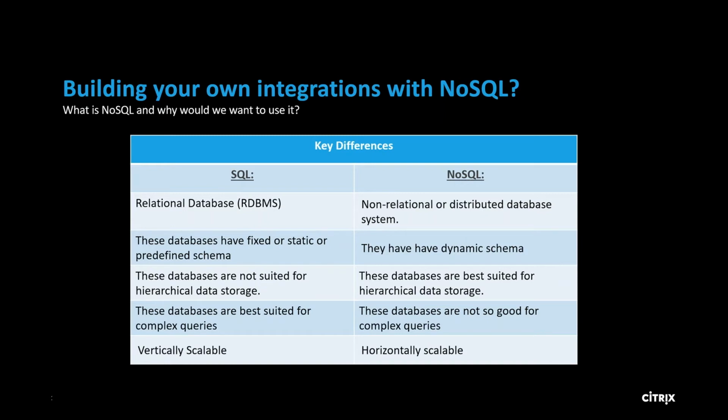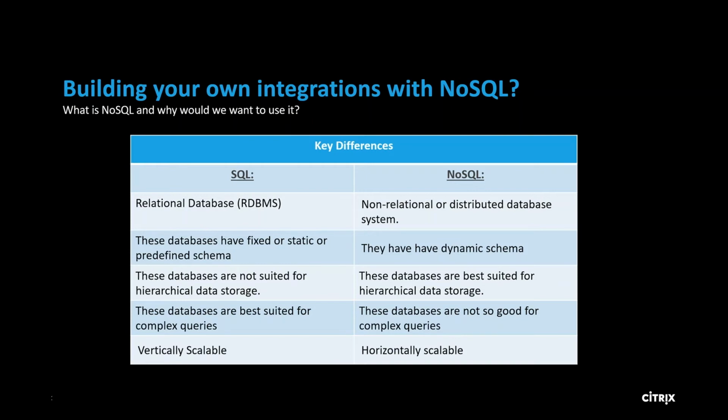As well, SQL databases are not very suited for hierarchical data storage, whilst NoSQL are actually best suited for hierarchical data storage, right? These NoSQL databases are best suited for not so complex queries. They are built for quite basic queries, so we do not need to calculate a bunch of differences or values in the query we send to the database. The only thing we need to do is essentially to grab and store this specific data.